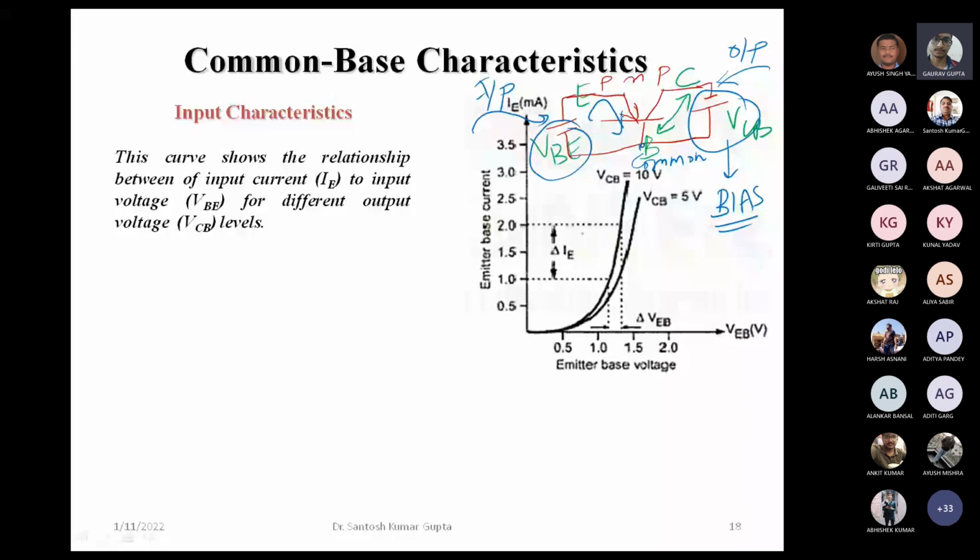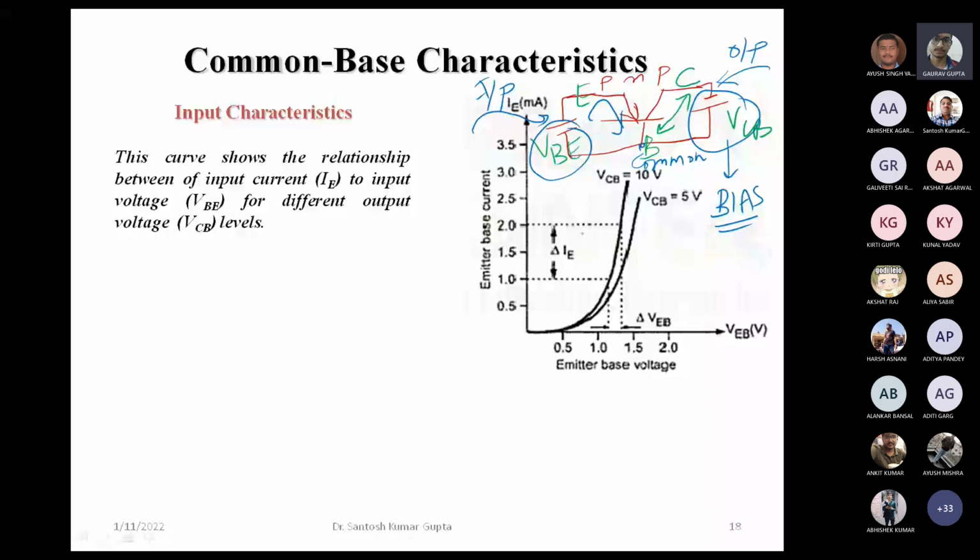We can actually divide the characteristic of the transistor into parts, one related to the input side and one related to the output side. So the one that is related to the input side gives the input characteristic, and the one related to the output side gives the output characteristic.